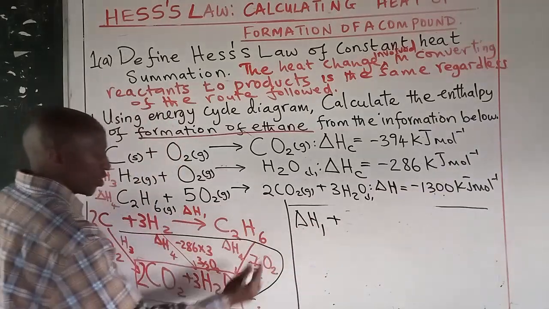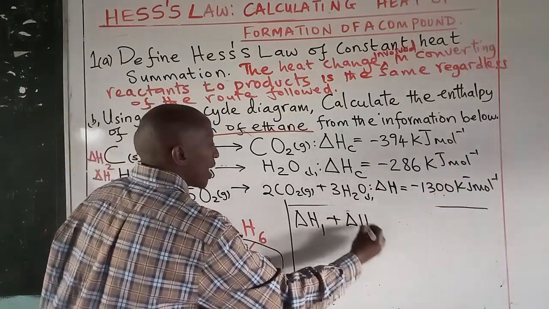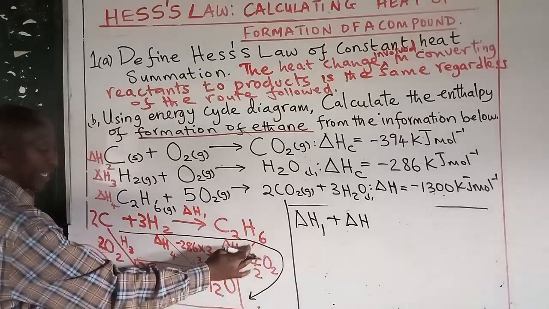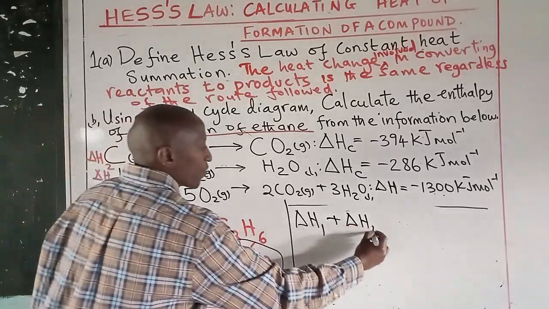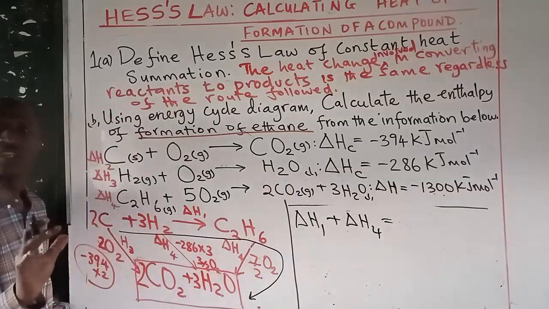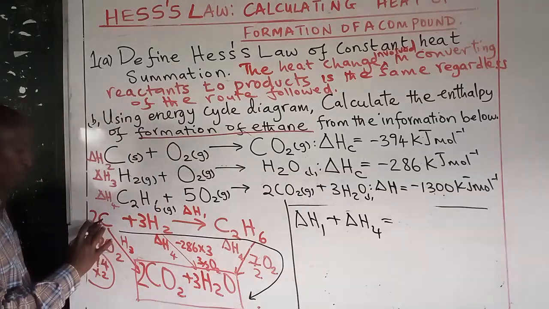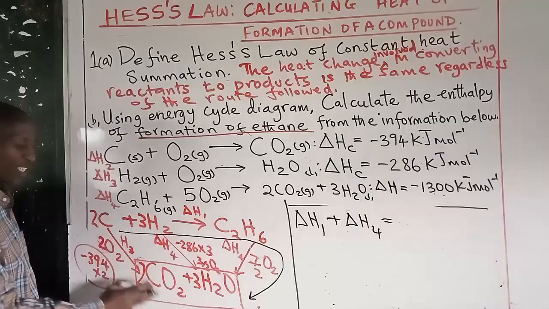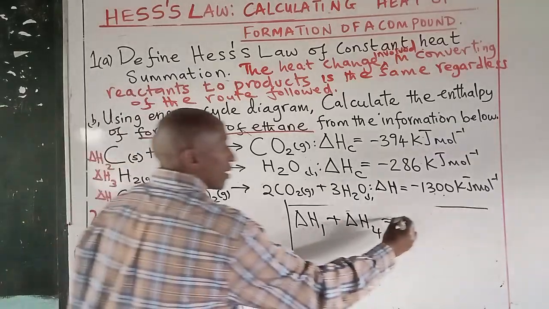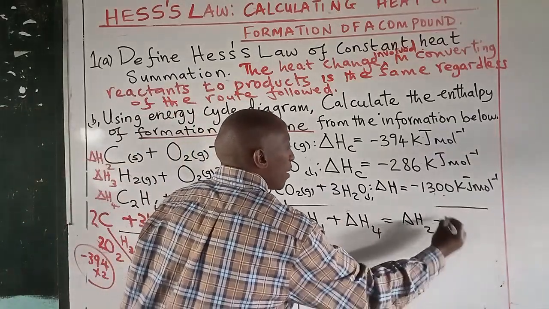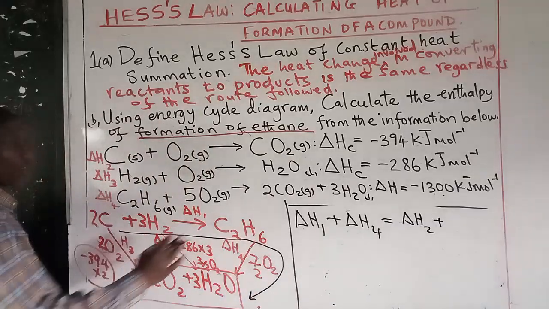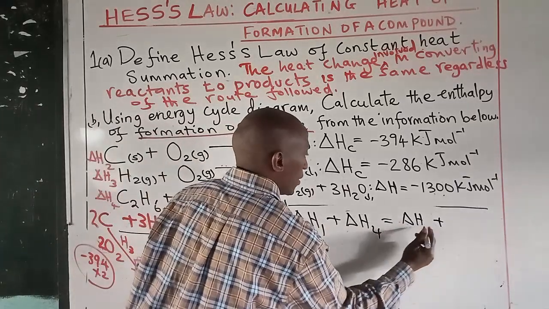The energy change combined with combustion, that is delta H4, should be the same as when carbon undergoes combustion directly to CO2, that is delta H2, plus delta H3.